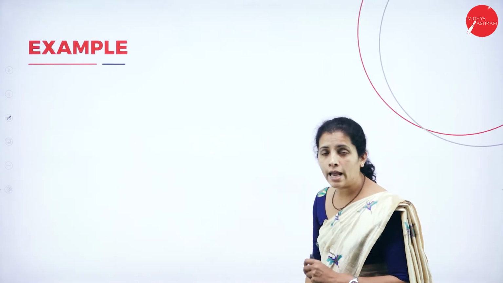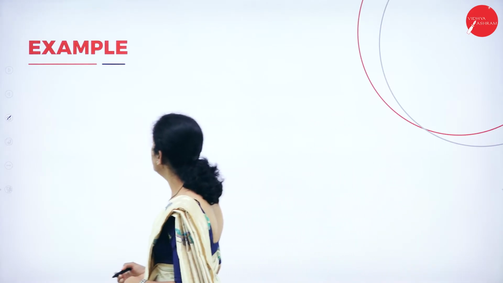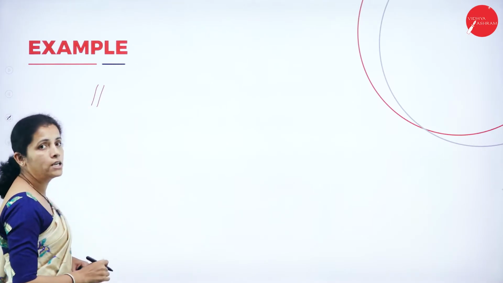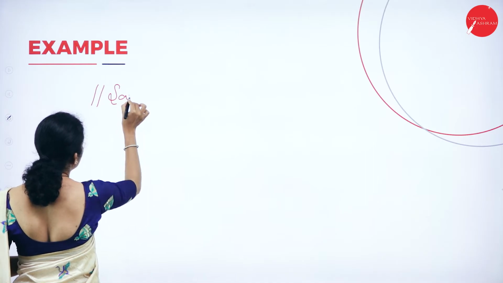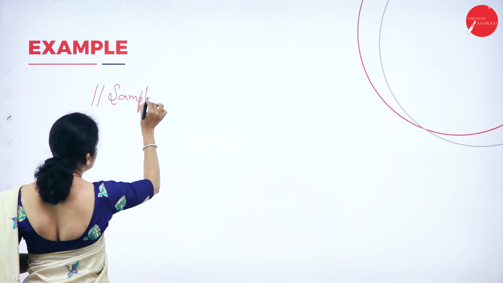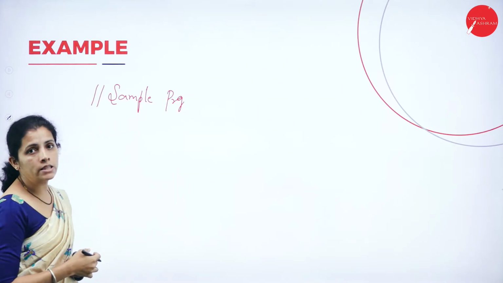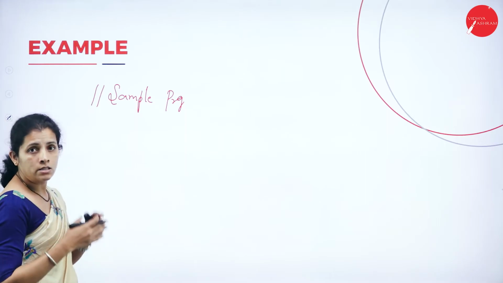Now, let me write a simple program. As I discussed at the beginning, I'm going to have the documentation section, so I'll write a single line comment here: this is sample program, that is PRG. And what are the things I need to include? That is nothing but the link section.